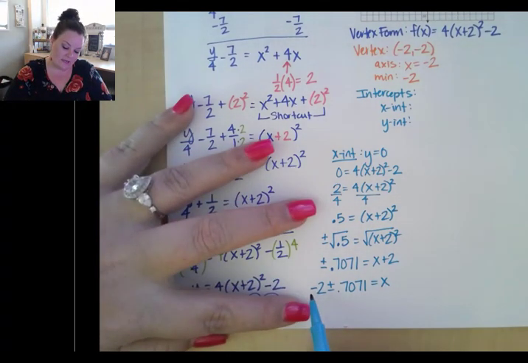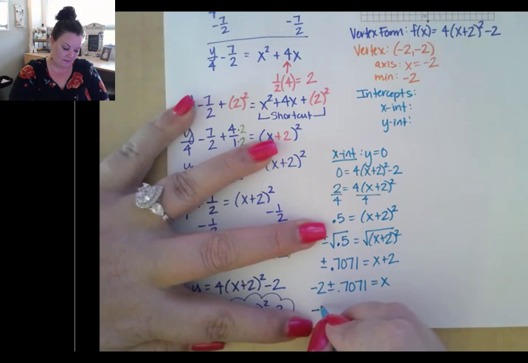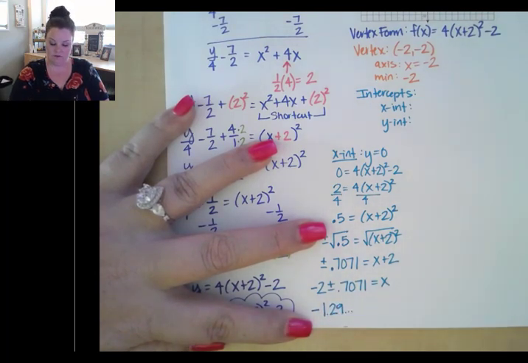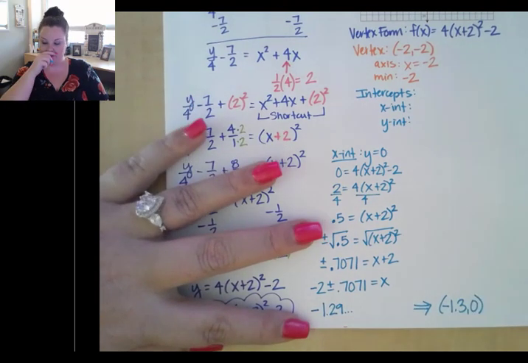So I'm going to do negative 2 plus 0.7, and that's going to give me negative 1.29 and some more stuff, right? So I can go ahead and just say that that's approximately negative 1.30 as my first intercept.